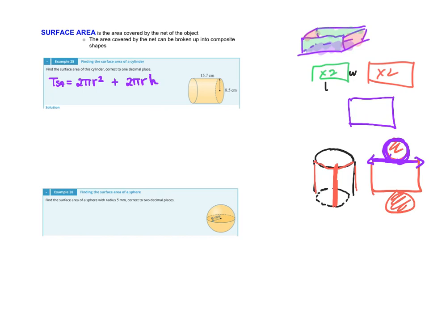Now, this bit here is two circle formulas, isn't it? So what they're doing there is finding the area of that top bit and that bottom bit. This other bit is finding the area of the section in the middle, where height is that bit here.